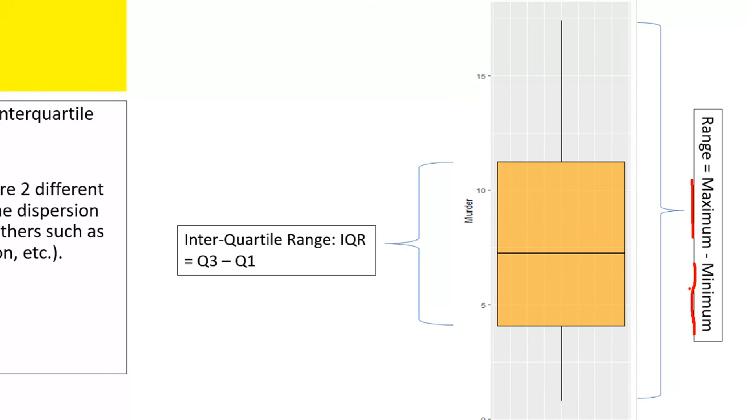Okay. All this information, range, interquartile range, median, Q3, Q1, are descriptive statistics about your data set, about your column murder rate, that you should report whenever you represent the distribution of a numerical variable, such as the murder rate here. Okay?